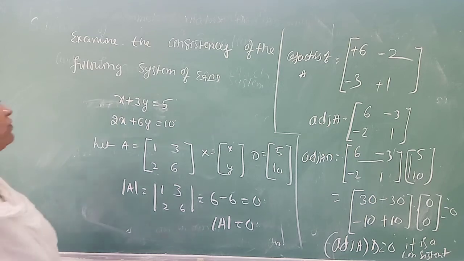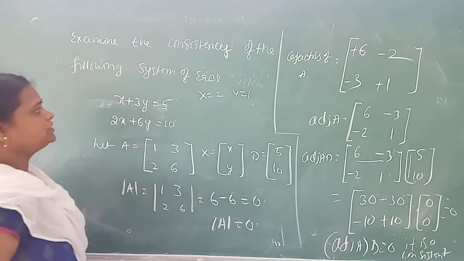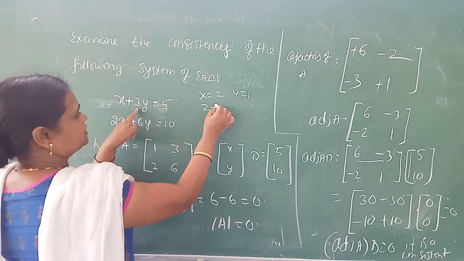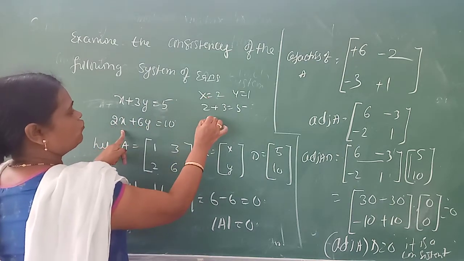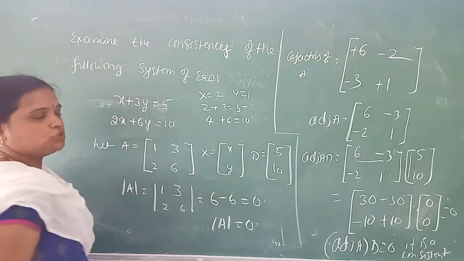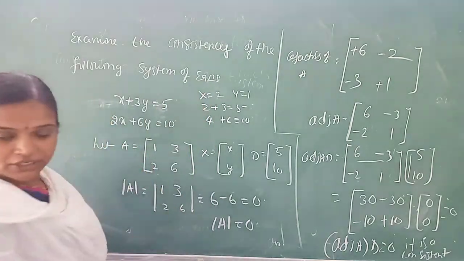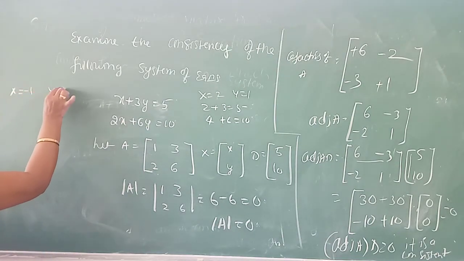If you want, you can verify. If I take x is 2, y is 1: 2 plus 3, we get 5. Next, 2 into 2, 4 plus 6, we get 10. This is one solution: x is 2, y is 1. Another solution I will take: x is minus 1, y is 2.